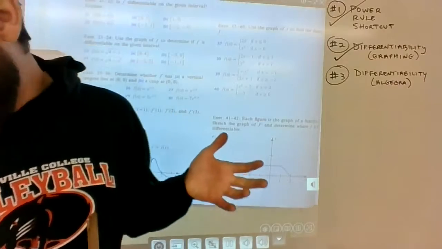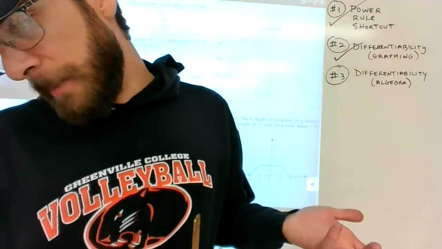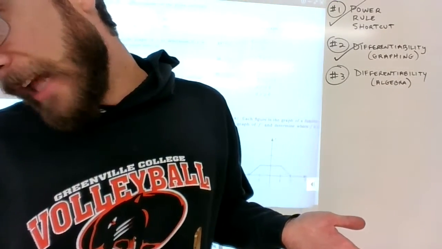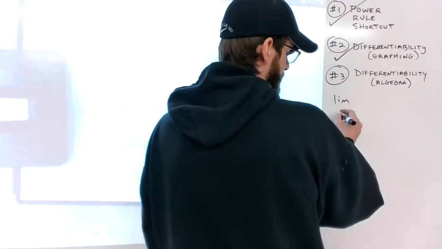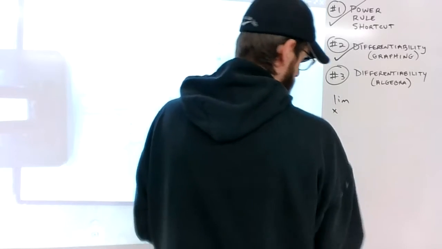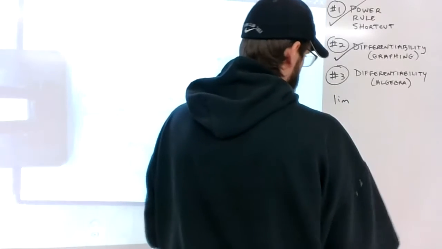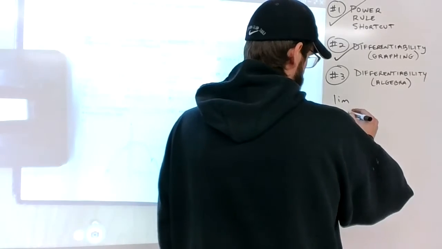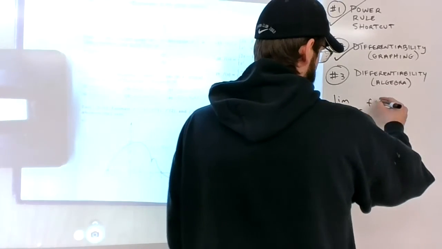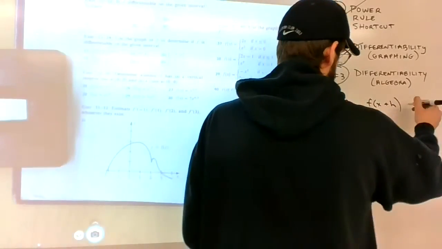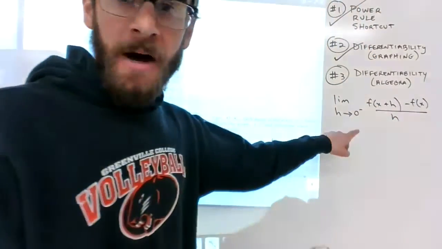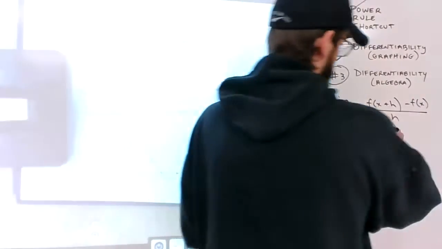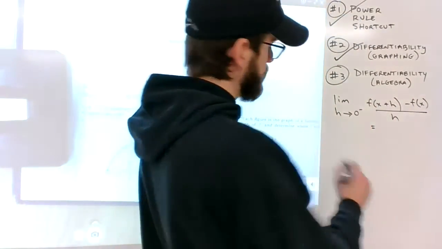The definition of differentiability that's going to help us work our way through something like 23 is basically saying that the limit as h approaches 0 from the left of f of x plus h minus f of x over h must equal the one from the right in order for differentiability to hold.